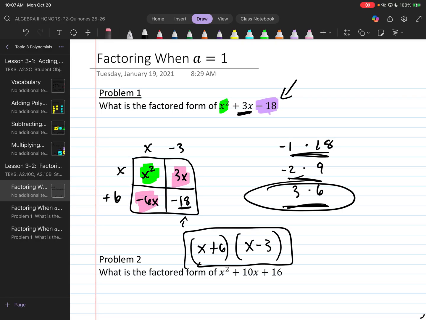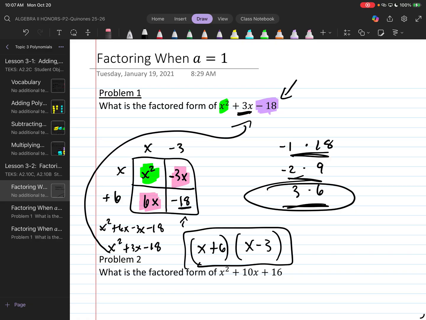Oh yeah, they're flipped. I just never flipped them myself. Right, because now when I add them, what do I get? X squared plus 6x minus 3x minus 18. X squared plus 3x minus 18, which is my original answer.